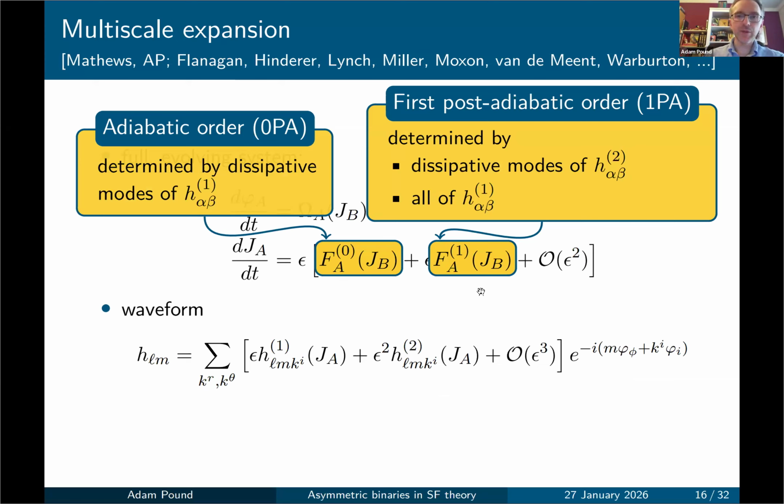So it would typically be about 10 cycles, perhaps. And then the next term after that is small with the mass ratio. Its impact on the final phase is small in the mass ratio. So it will go to 0 with the mass ratio. And we know that for EMRIs, if we go to 1PA, we have very precise parameter estimation. If we stop at 0PA, basically we're less accurate than we expect LISA to be.